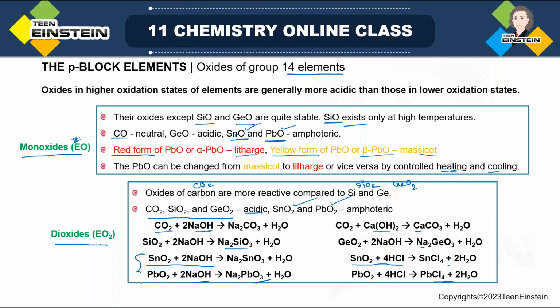So these two reactions show the amphoteric nature of SnO2 and PbO2, and these four reactions show the acidic nature of the first three dioxides of group 14 elements.